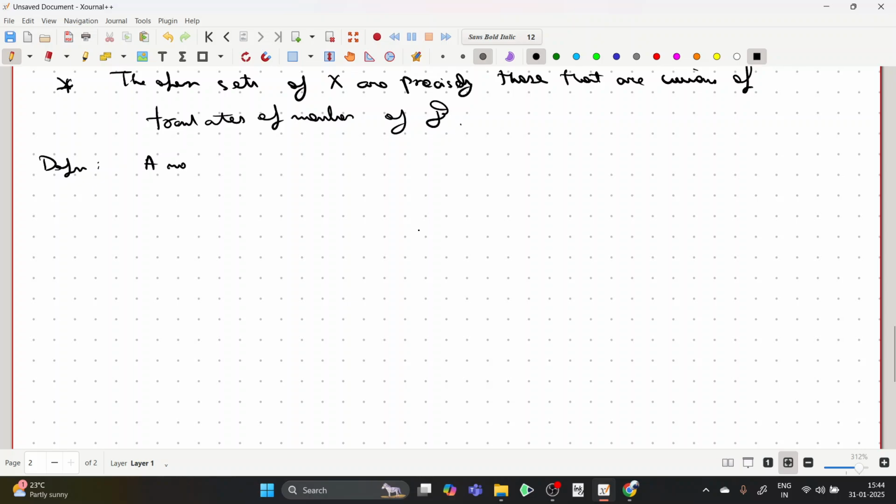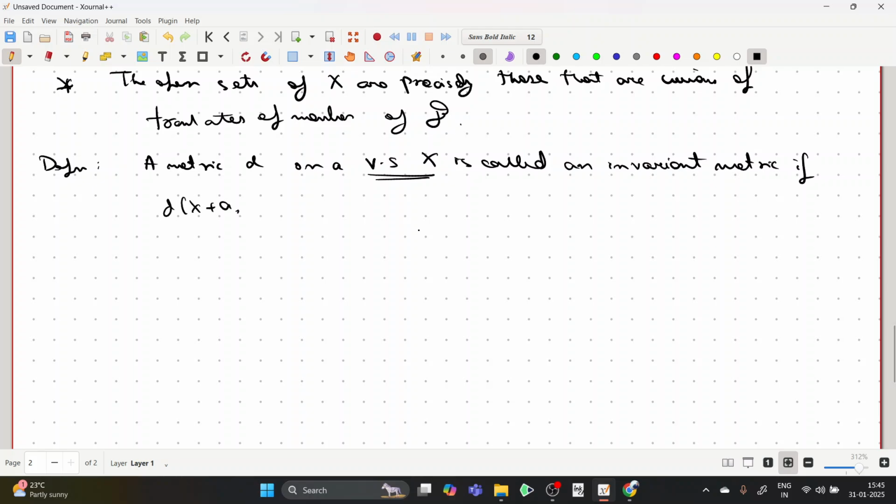A metric D on a vector space X is called an invariant metric if D of x plus a, y plus a is equal to D of x, y for all x, y, a in X.